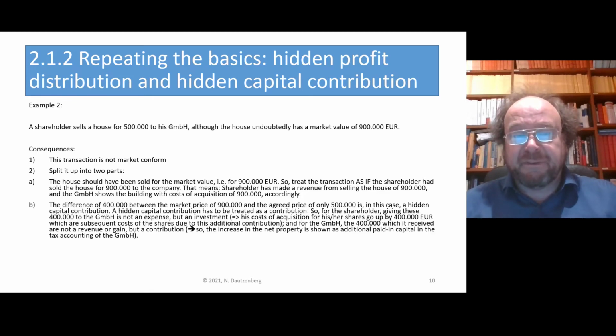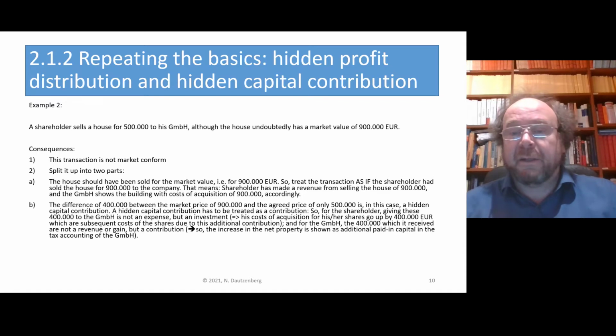Then we think about the difference in the price, 400,000, between the market price and the agreed price of 500,000. This is a hidden capital contribution in this case. And a hidden capital contribution has to be treated as a contribution. So if a shareholder makes a contribution of 400,000, that means for the shareholder a contribution is not an expense but an investment.